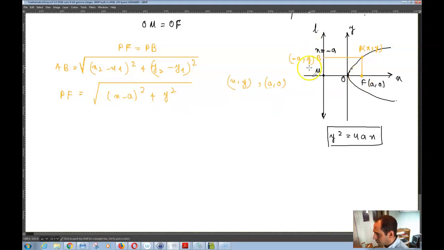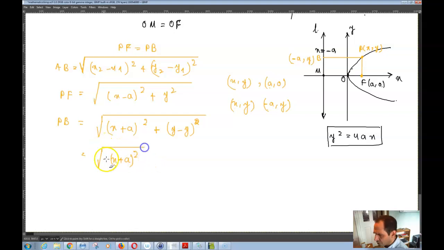Now PB: P is (x, y) and B is (-a, y). So PB is equal to the square root of (x minus -a), which is (x plus a) whole squared, plus (y minus y) whole squared, which is equal to the square root of (x plus a) whole squared. So that is your PB.